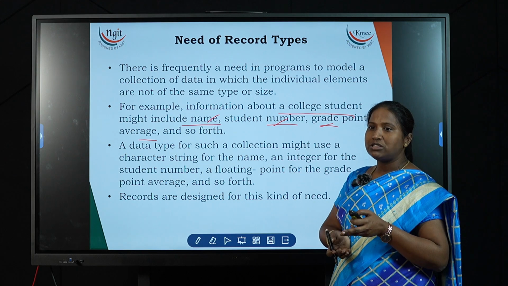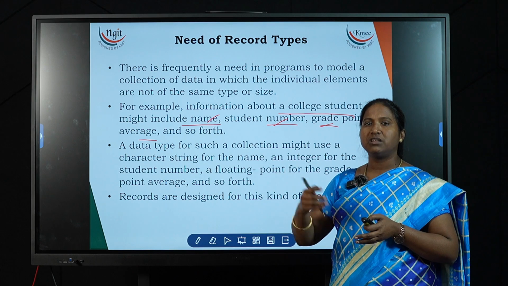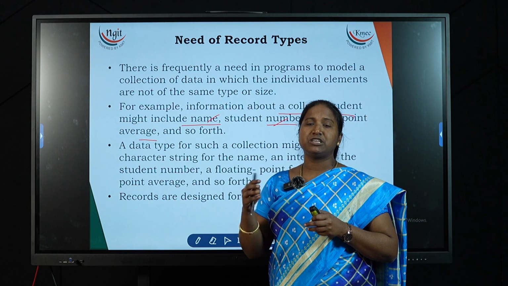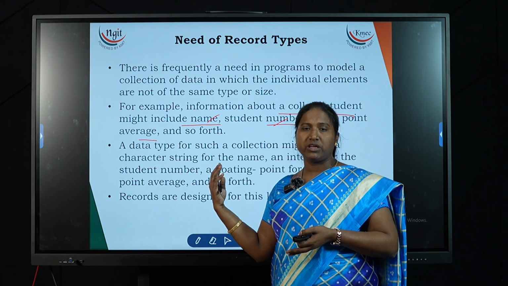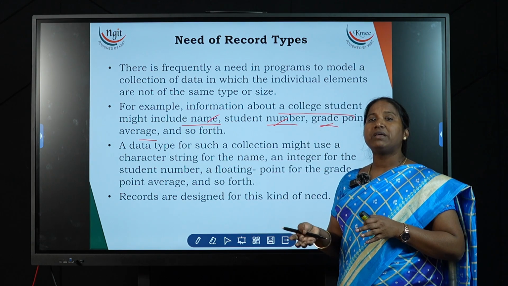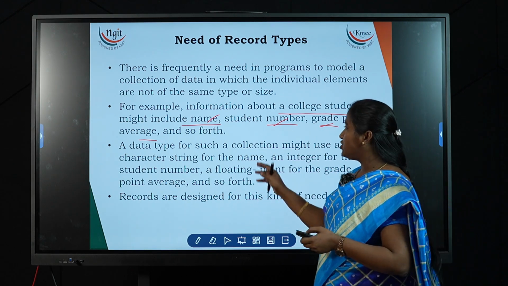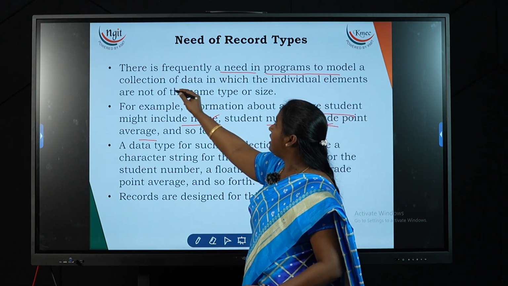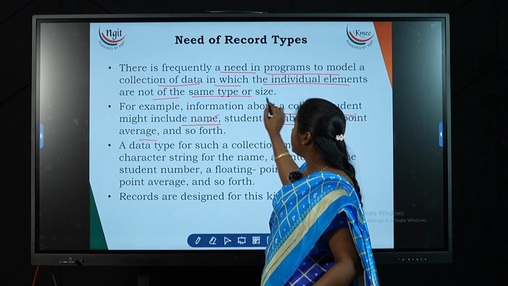You can also recollect structures when you think about C-based languages. Records are supported by many languages in many forms. C supports this kind of storage through structures, and there are programming languages which provide this in the form of records. There is a frequent need in programs to model a collection of data in which the individual elements are not of the same type.